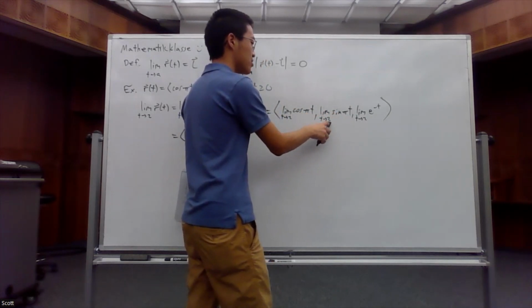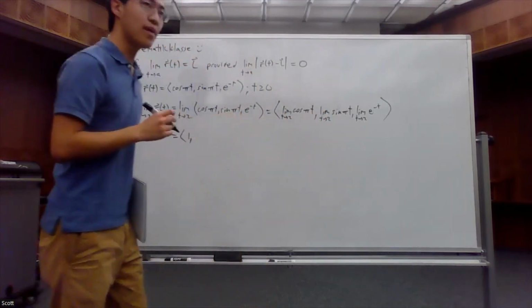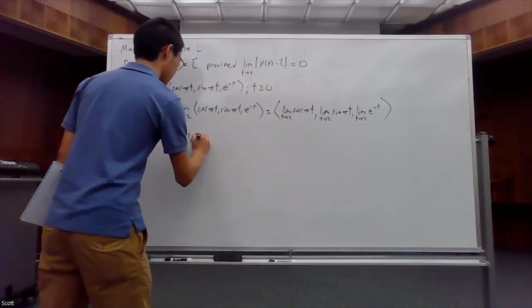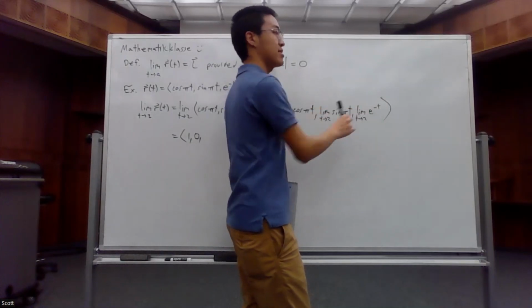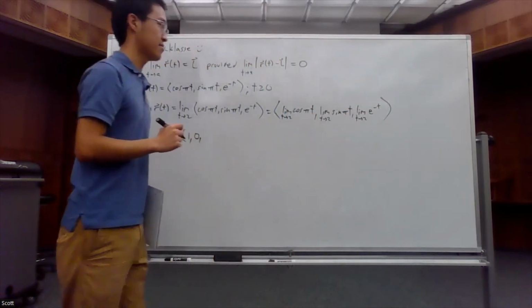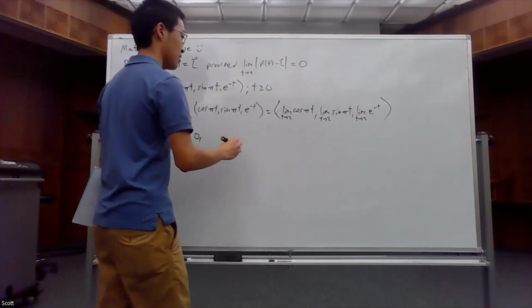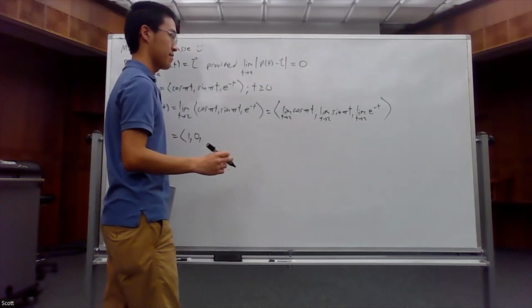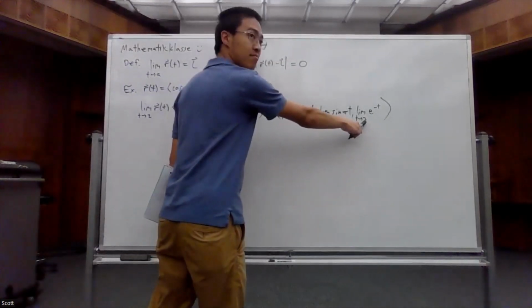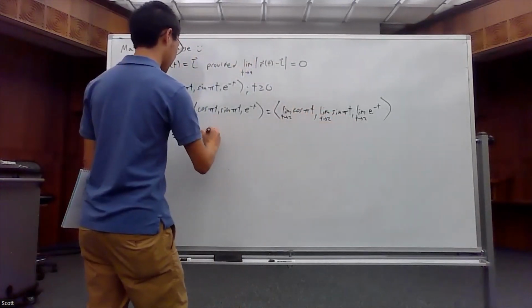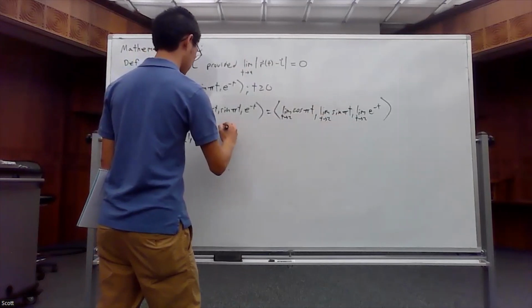So at 2, we can just plug it in. Sine of 2 pi is what? And is e to the minus t always continuous? Can we just plug it in? Yeah, okay, good. So then we have e to the minus 2.